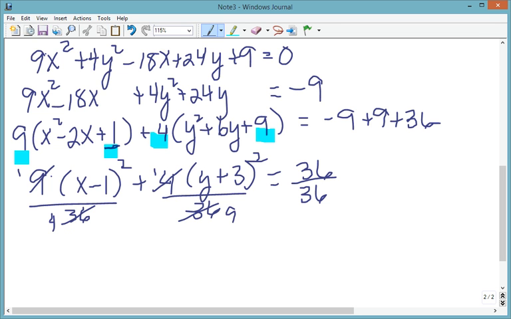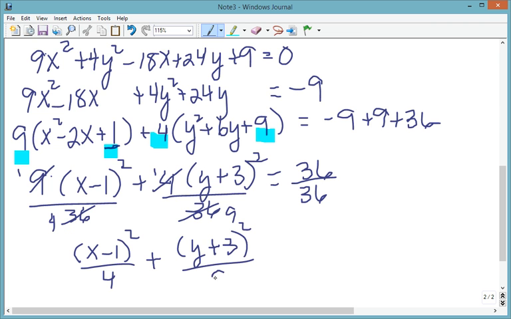So finally, what I have in standard form is x minus 1 squared over 4 plus y plus 3 squared over 9 equals 1. So there, I have it in standard form. Now I can find out all that information about it.